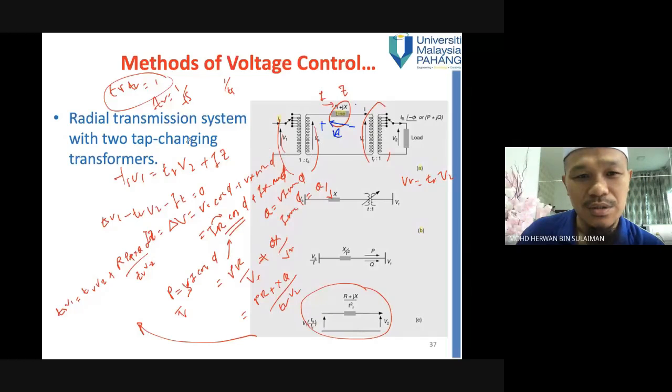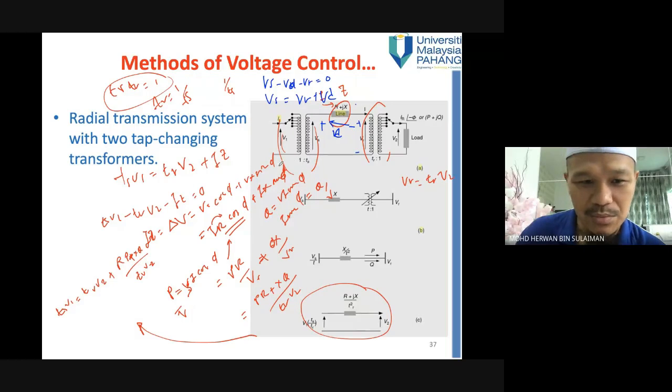So basically Vs minus Vd minus Vr equals 0. Rearranging the equation, Vs equals Vr plus Vd.